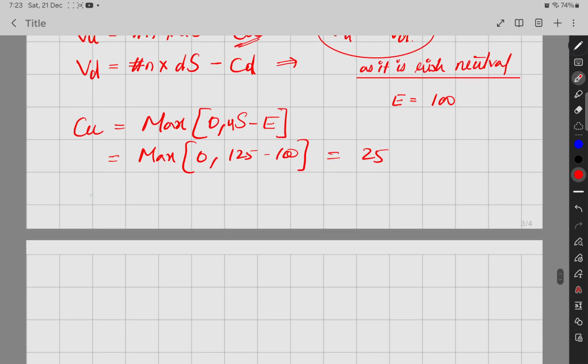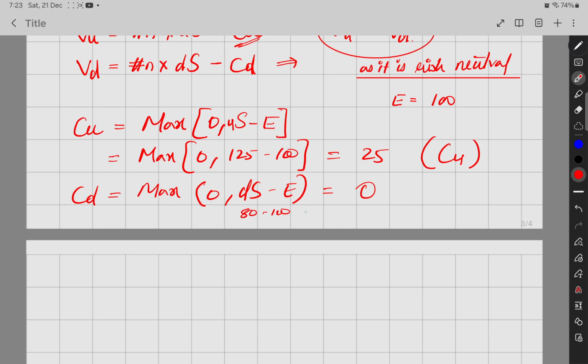And this is your value of CU, that is your upside payoff. Similarly, CD would be the maximum of 0 comma DS minus E, which is equal to 0, because DS minus E would be 80 minus 100, that's negative 20. Negative 20 is lower than 0, so you get 0, that is CD.